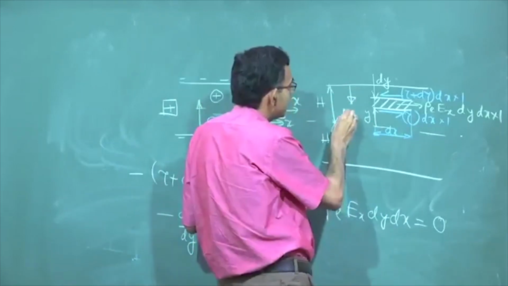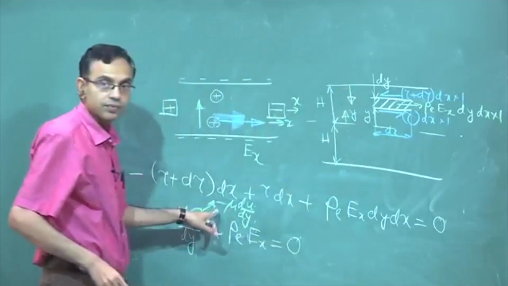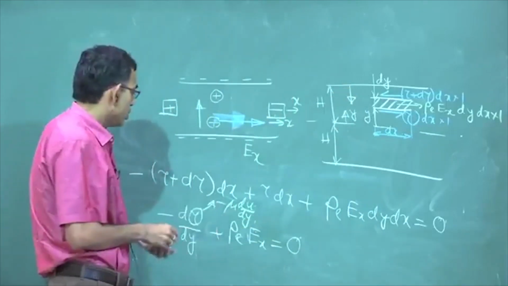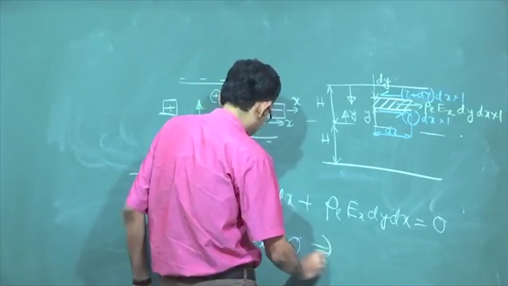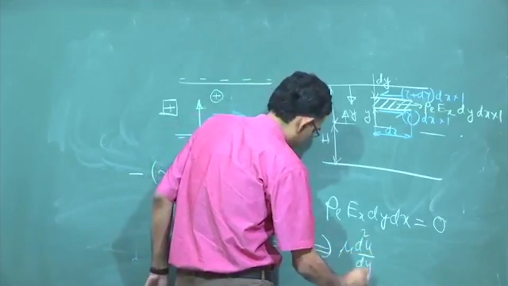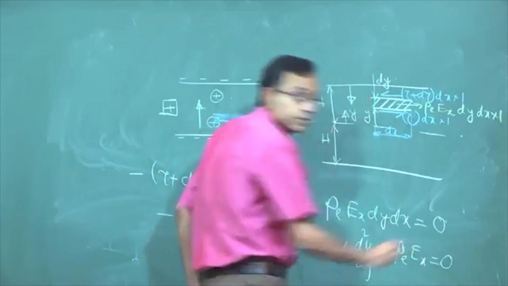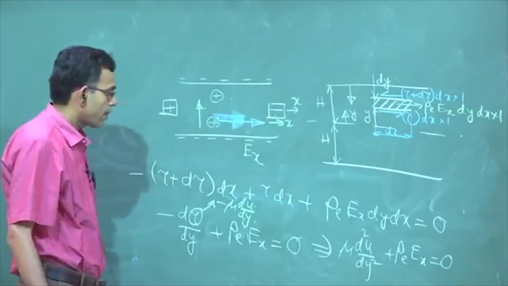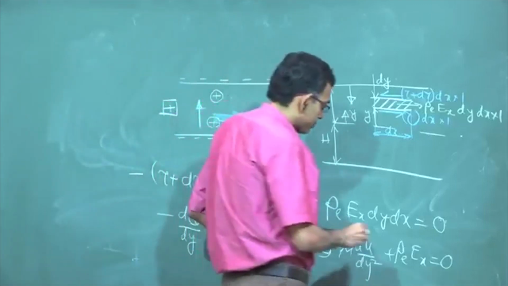Here the y direction is like this, which is opposite to this. So that is why the minus sign here. Okay. So this is our governing equation. Now, what is rho e?